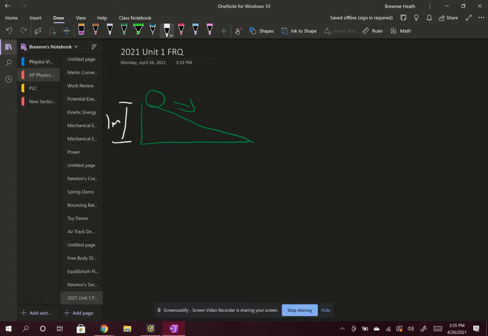A group of students wants to determine the acceleration of the object while it's rolling down the incline. The students have access to the following equipment. A stopwatch, which can measure time intervals to 999 seconds with a precision of 0.01 seconds. A clock, which can measure time intervals up to 12 hours with a precision of 1 minute, 60 seconds.